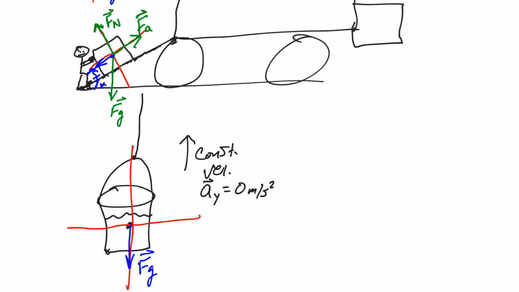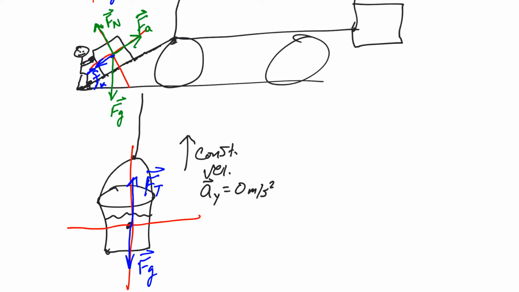Is there anything touching that bucket? Yeah, the string up here. So we're going to have a tension force pulling on the bucket upward. We do a capital F and then a capital T as a subscript, and make sure we put our little vector symbol there.